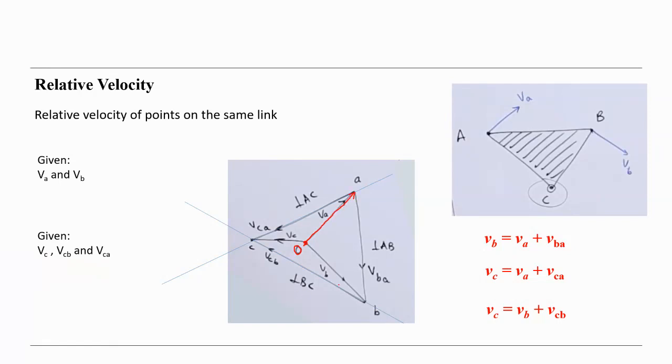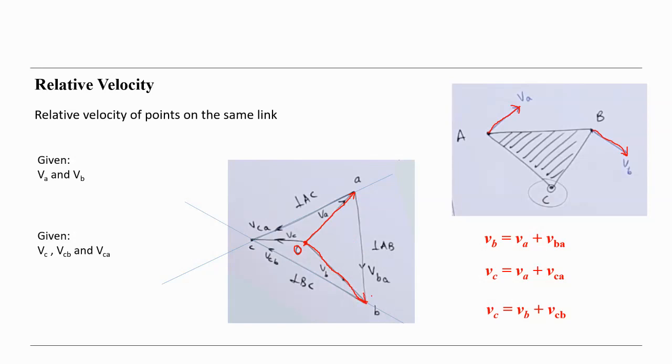Because we know the VA, it's completely known, direction and magnitude wise. And we can draw also the VB. So this is the VB here. VA is known already, direction and magnitude, and also the direction and magnitude of the VB is known, like this here. You see, same direction, same magnitude, VB. Okay, this is the VB.